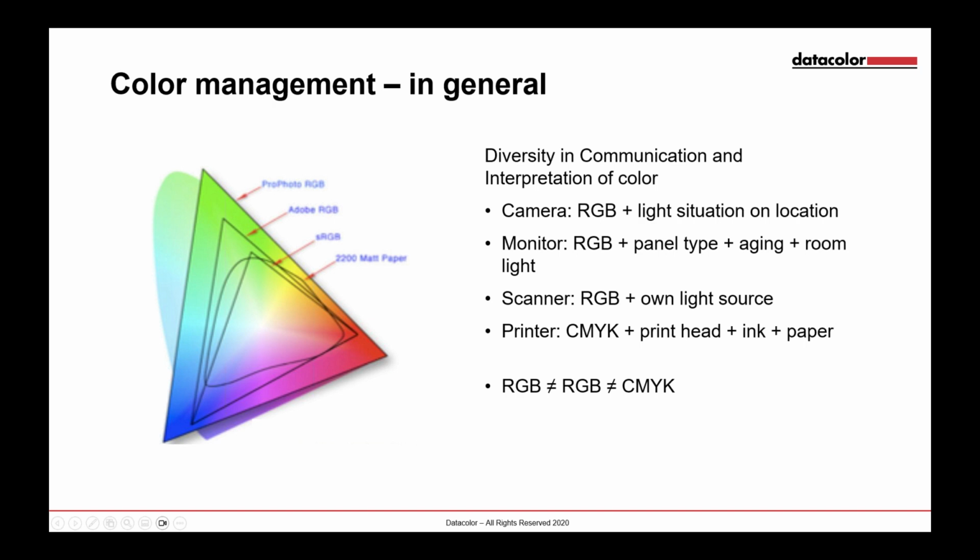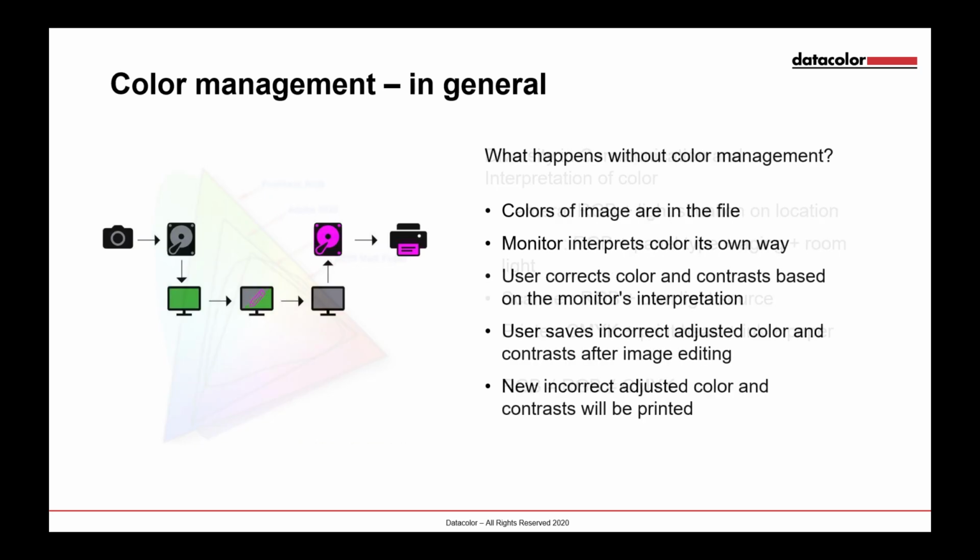Monitors are not identical: panel types, the aging process, room light. Scanners have their own light source. And at the end of the day, if you print this, or even put it on social media, the output is always different. A printer brings on top that it works in CMYK, and the paper and the ink have an impact on the color reproduction.